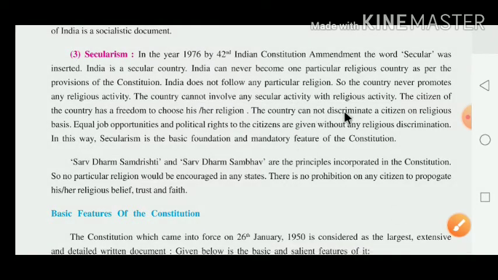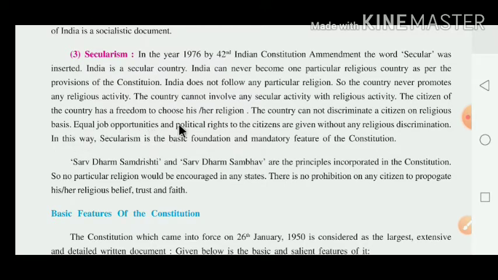The country cannot discriminate against a citizen on a religious basis. Discriminate means bhedbhav karna. It means in our nation, no citizen is discriminated against on the basis of religion.